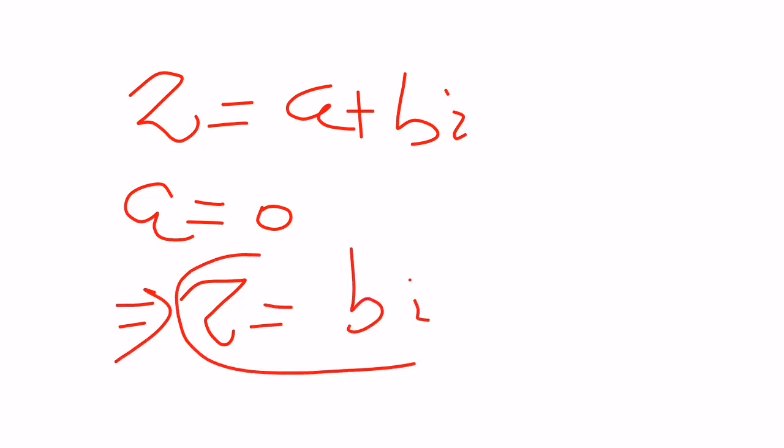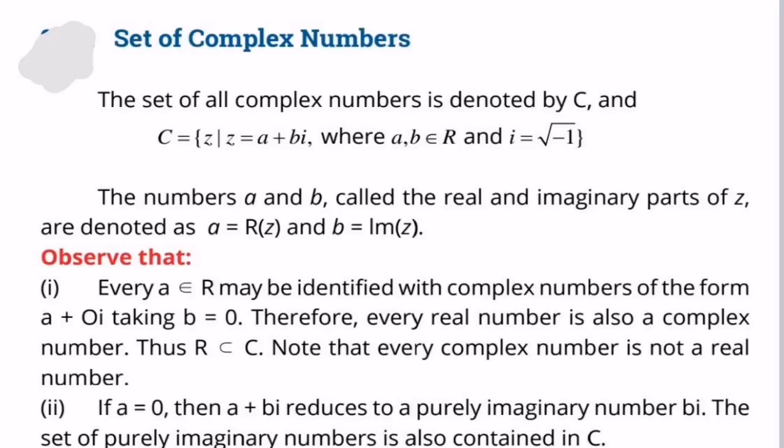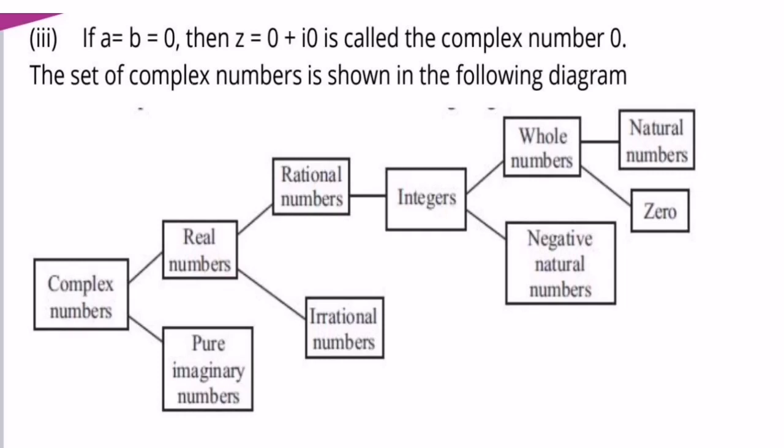This is called a purely imaginary number. Now, if a and b are both equal to 0, then z is equal to 0 plus 0 iota, and this is called the zero complex number. That means if the real part and imaginary part both become 0, then the number is called the zero complex number.